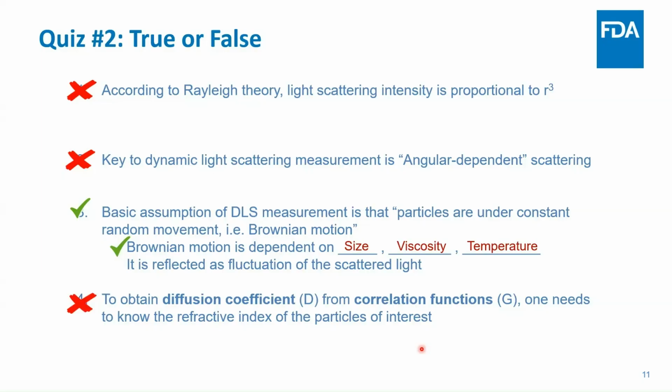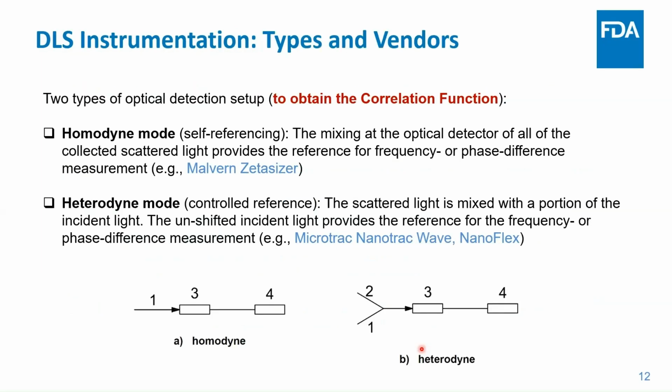Great. Okay, so now we're just going to talk a touch about the instrumentation. There tend to be 2 different types of optical setup, and we have both of these types in the lab. We have the Nanoflex, the Microtrek, this Malvern and a couple others.